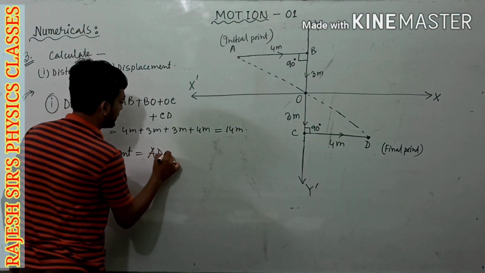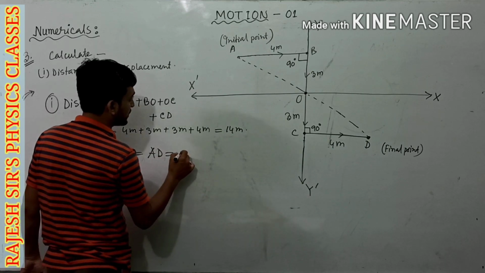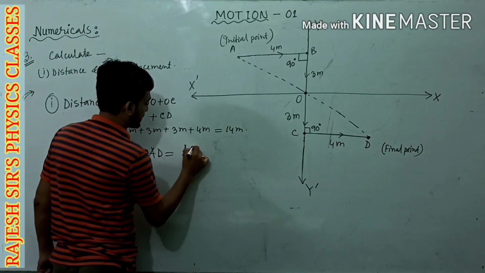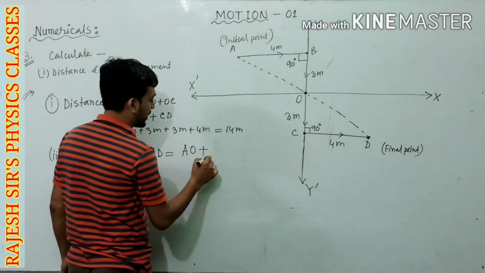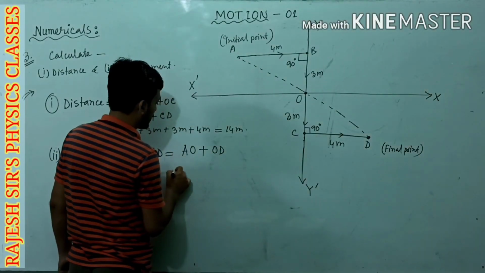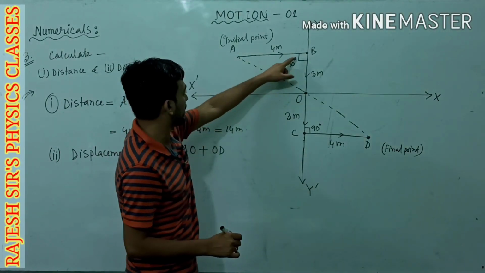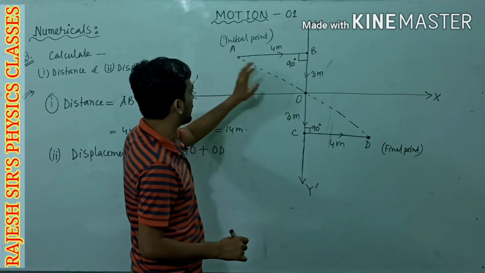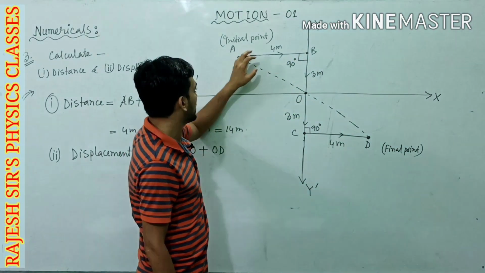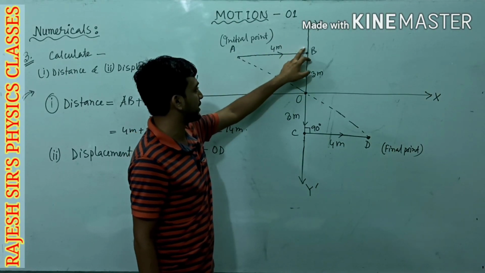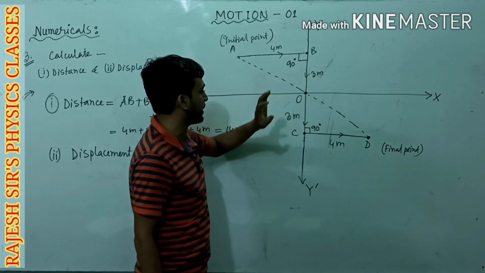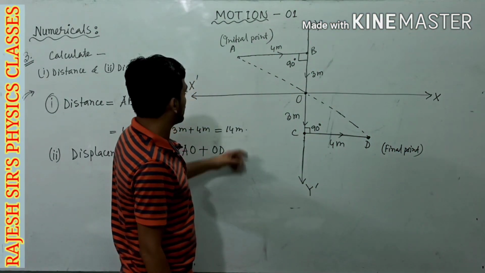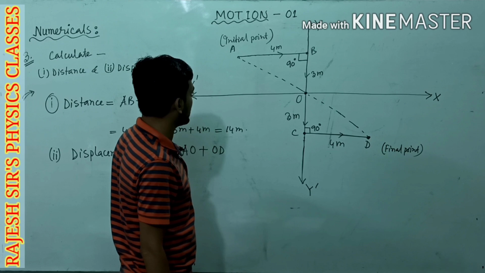This is AD. AD can be calculated as the sum of AO plus OD. Now what is AO? If you look at this right angle triangle, AO is coming as the hypotenuse and AB is coming as perpendicular, BO is coming as base. So what is the formula to find hypotenuse?